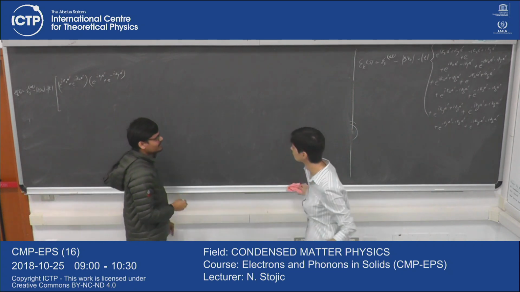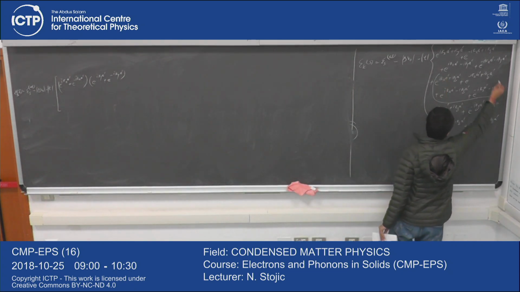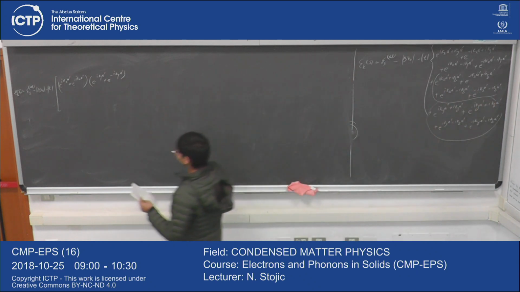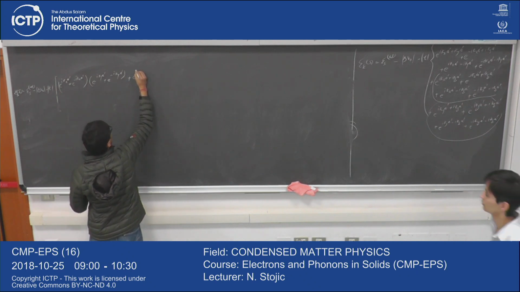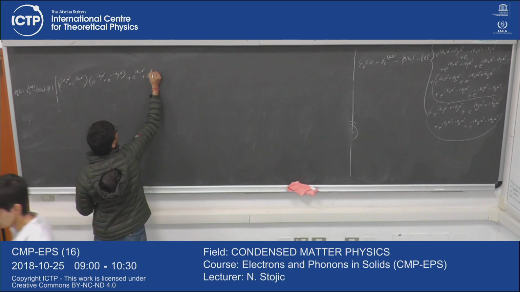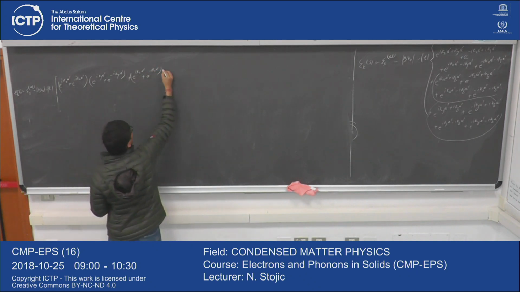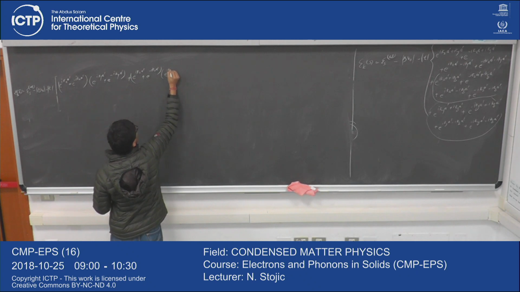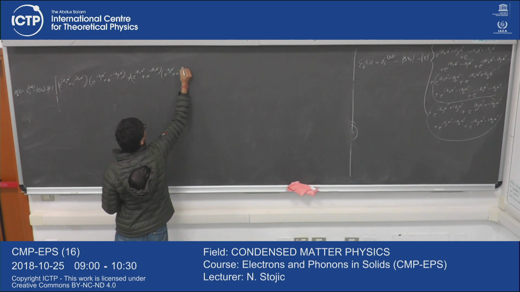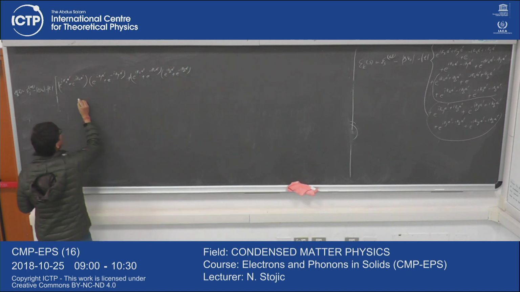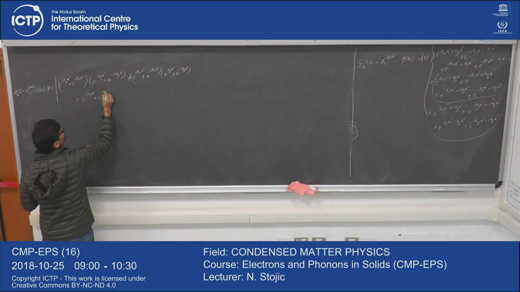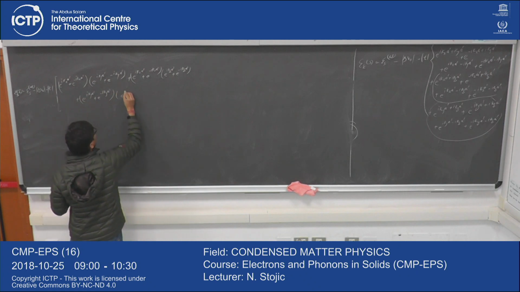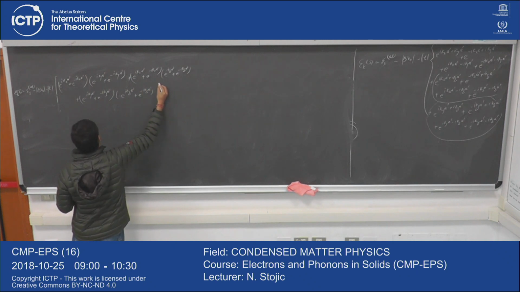Similarly, from the other four, we can take a common factor from this four and this four. So it will be plus e to the power i kx a dash plus e to the power minus i a dash, e to the power i kx a dash plus e to the power i ky a dash plus e to the power minus i a dash, i kz a dash, minus i kz a dash.